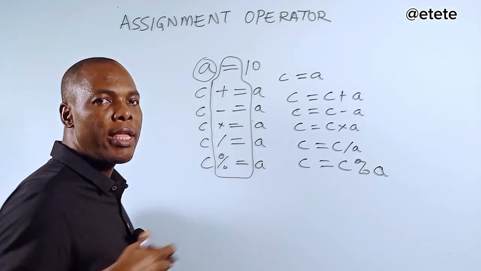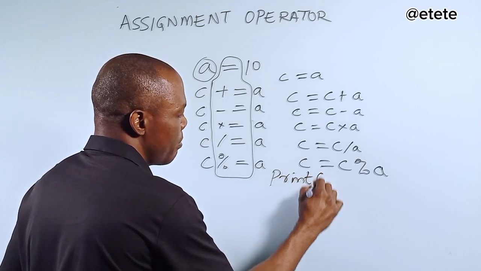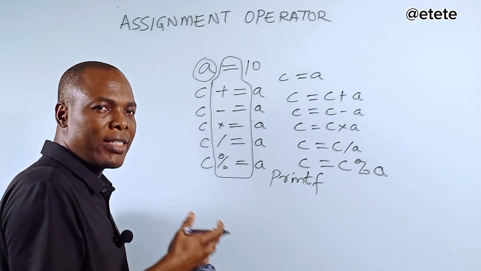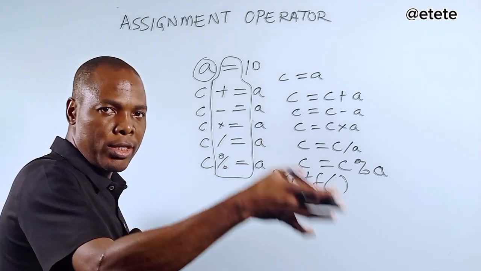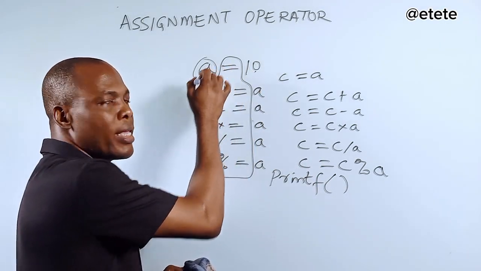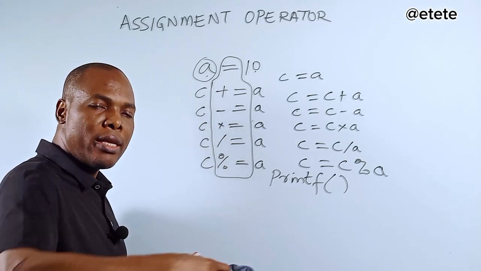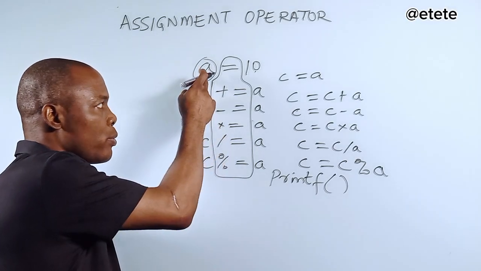Now, when we call a function, which is what? The printf function, we are saying display whatever we give to you on the screen. Now, when we assign this value to this A, that means we are allocating a memory space for this variable.